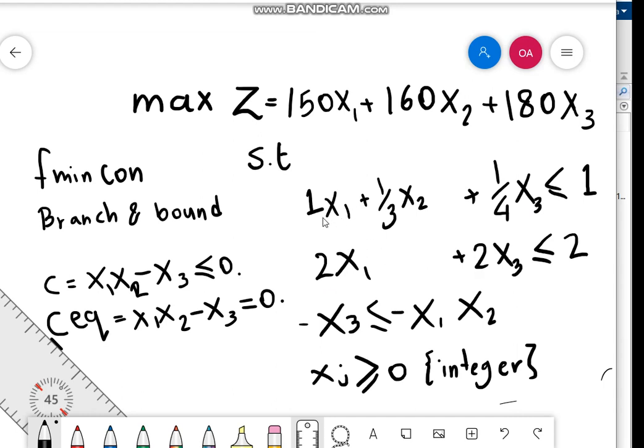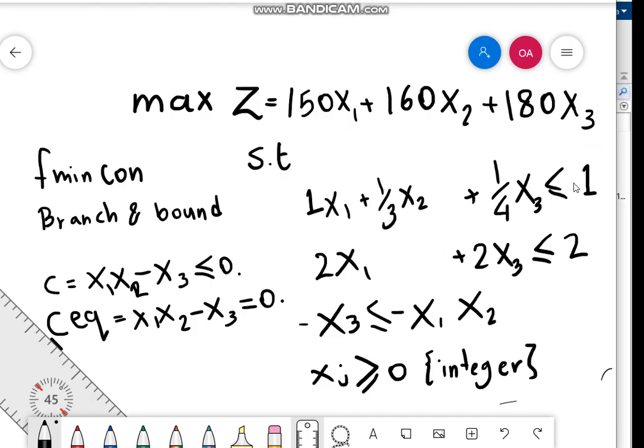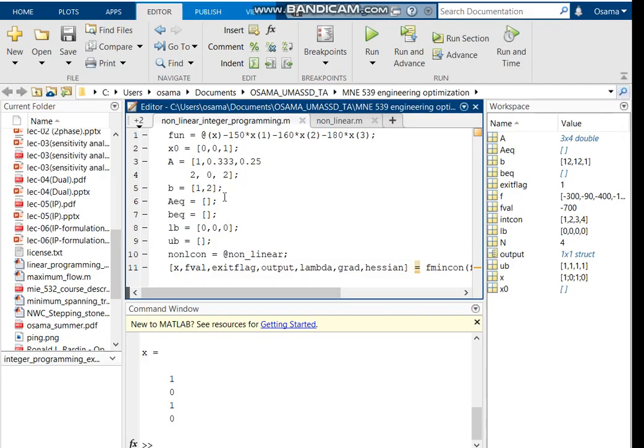So your matrix should be 1, 0.333, 0.25, and then the other row is 2 0 2. You can notice it in MATLAB over here. Then the right hand side is 1 and 2 from the original problem. We don't have any equality constraints, so we leave them blank.